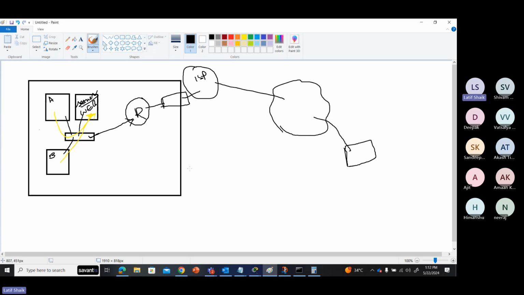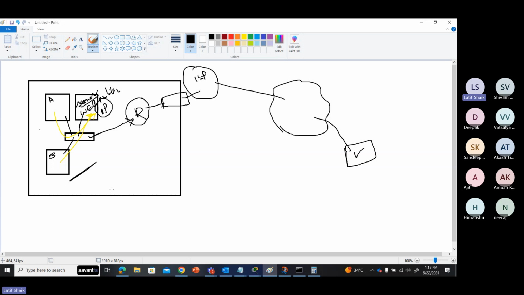But the problem is, this server wants to be accessed by someone in the public. So this requires a public IP address. To communicate within the private network, we don't require a public IP.